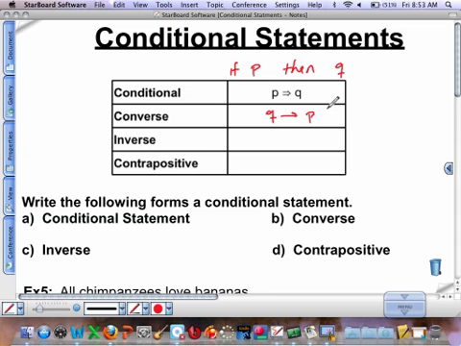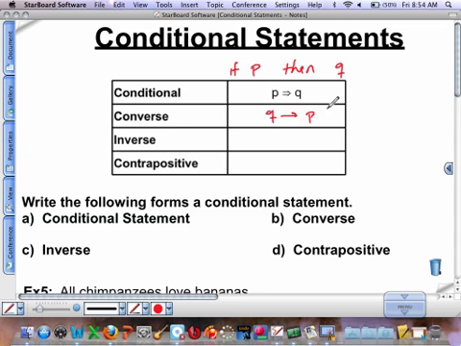The inverse is the negative of the original. So what we're going to do is turn these into not statements. So for example, if I say, if the sun rises, the not of that would be what? Doesn't rise.